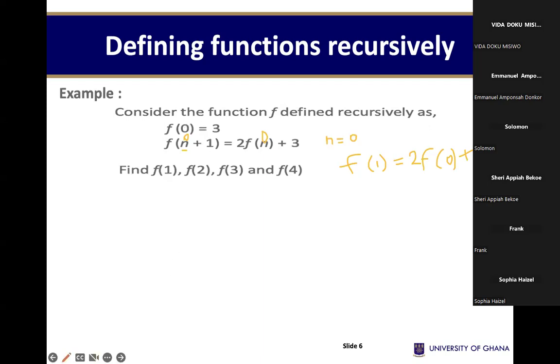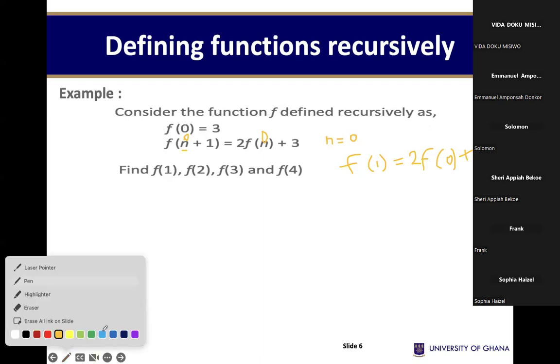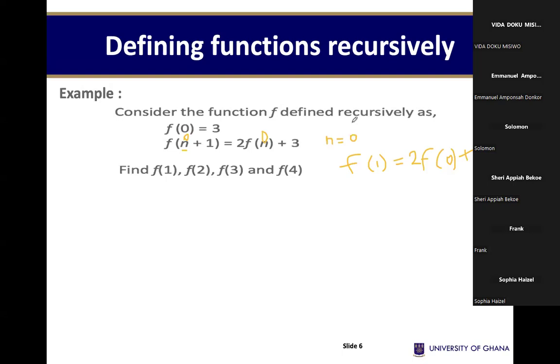That's what you were saying. Can you see that? So let me just see whether I can use a different color. So now I can have my 2 times f of 0, which is 3. That'll give me 2 times 3, which is 6. Please, if I bring a dot here, it means times.